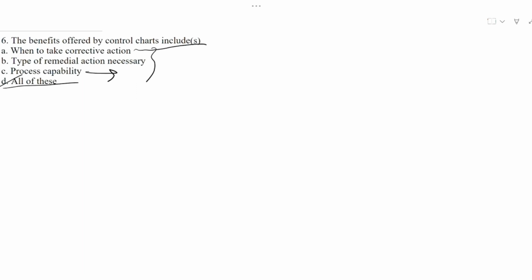So in short, in this way we have the advantages of control charts.